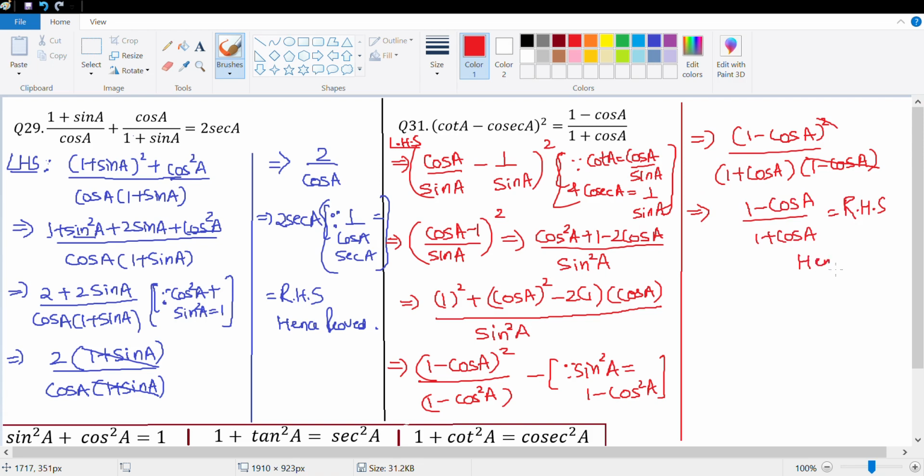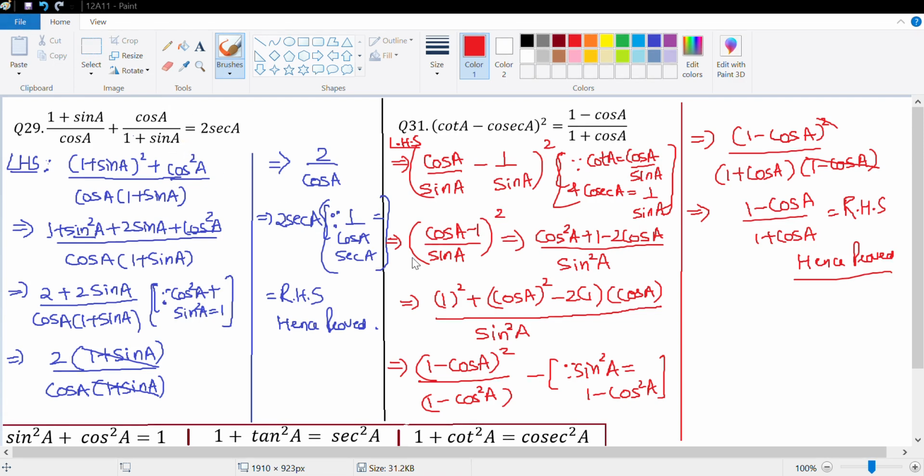So hence proved. Interesting question, where we first converted cot and cosec into sine and cos, then we added, then we squared, and then we interchanged x minus y as y minus x. Good. Let's look at the next question.